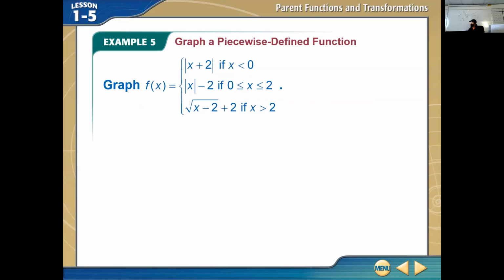Okay, graphing a piecewise function. This is probably one of the harder areas, but it's the last example that I have for you. The key is we want to pay attention to where the domain is. It's this function, but it's limited by the domain. So anytime x is negative, we're going to be using the graph of x plus the absolute value of x plus 2.